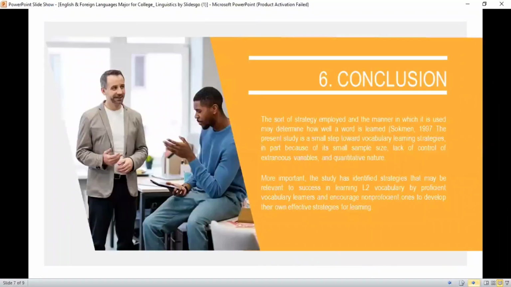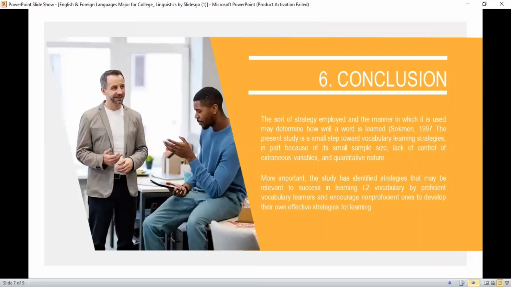Della Rahmattia, time is yours. Thank you, Madam Moderator. I will continue with the article's conclusion. The sort of strategy employed and the manner in which it is used may determine how well a word is learned.